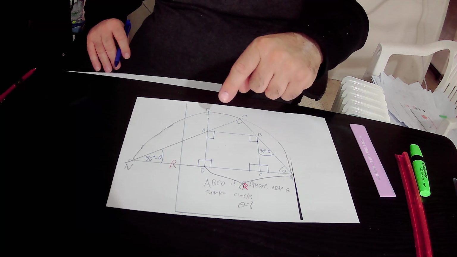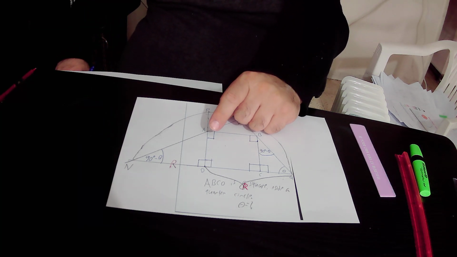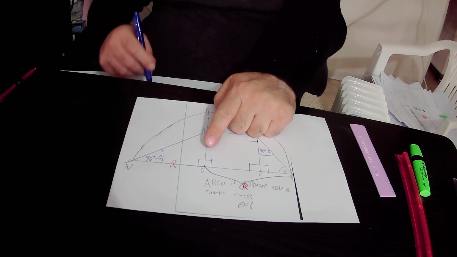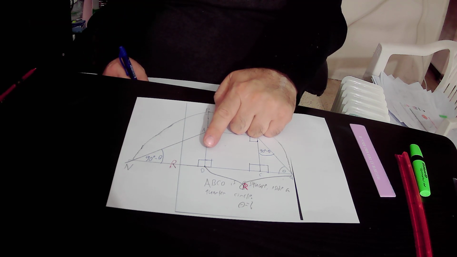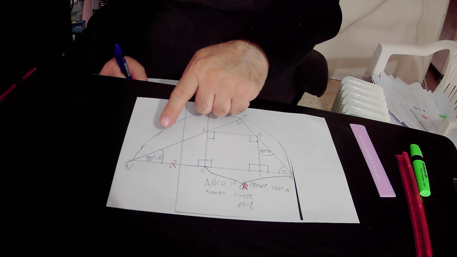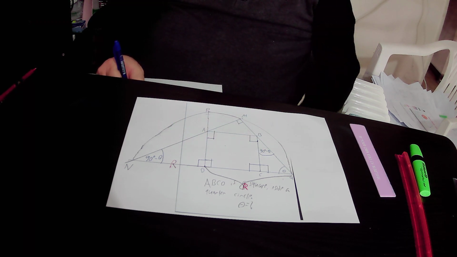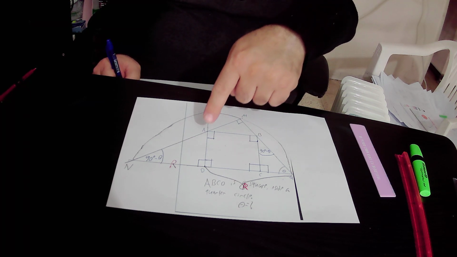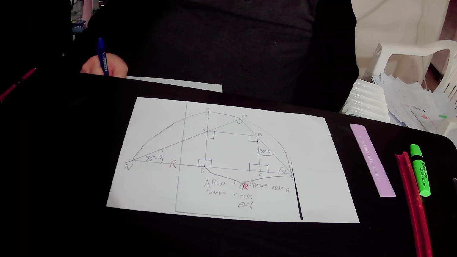So which angles do we have inside the right triangle, triangle ANO? We have a right angle that is equal to 90 degrees, plus this angle that is equal to 90 degrees minus theta, plus this angle that is equal to angle NAO. In total, the sum of those three angles must be equal to 180 degrees.